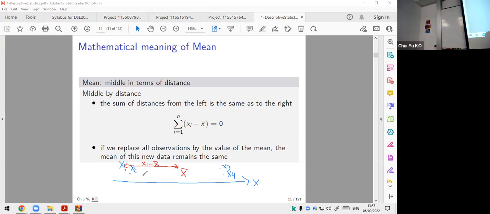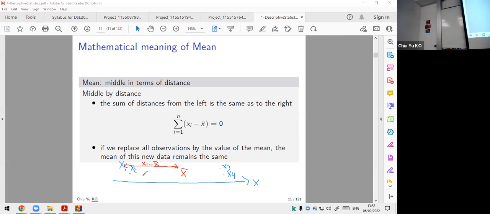So the distance from the left, and you can do the same for the right. Why is the mean the middle? It's exactly because the total distance from the left is the same as from the right. That means this is negative and this is positive, so that's why adding up is 0.